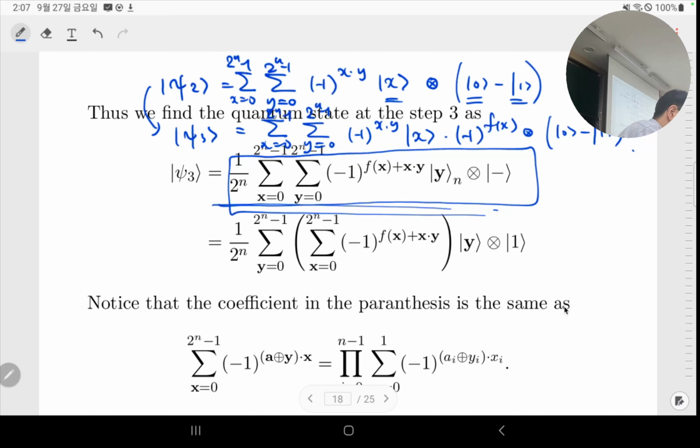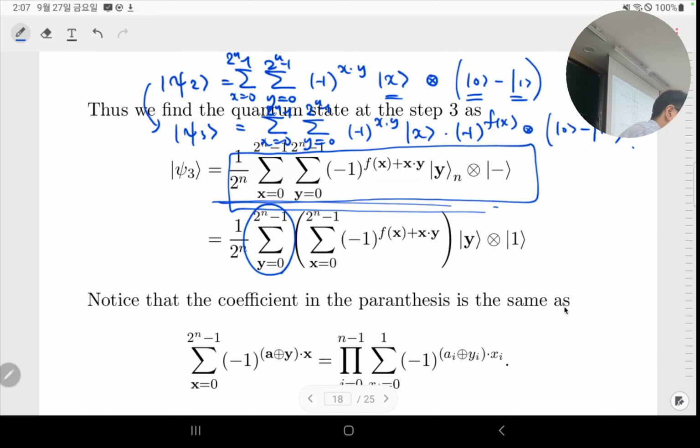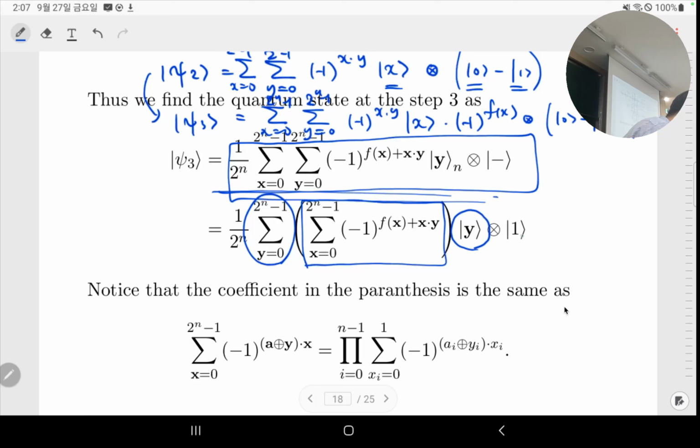So first, I'm going to switch x and y. So y goes first. Doesn't matter, as long as I don't delete the terms, so I can group all the ket y states and take all the coefficients of the ket y state as the sum over x. And oh, sorry, I think I forgot to say, this is minus 1, not 1.